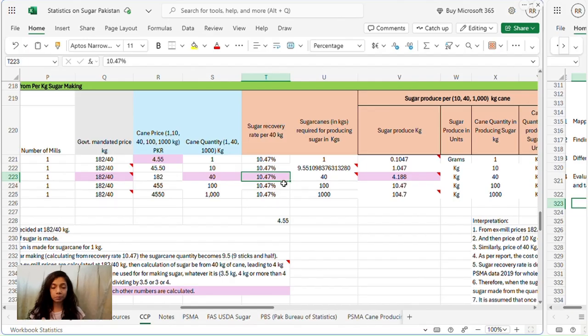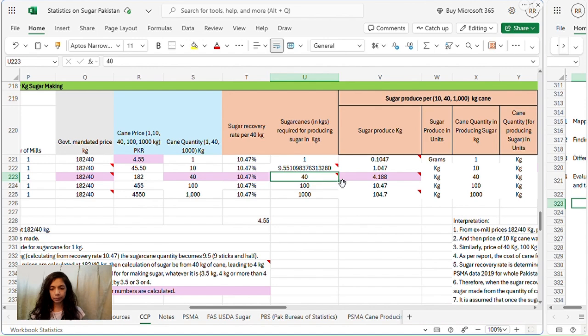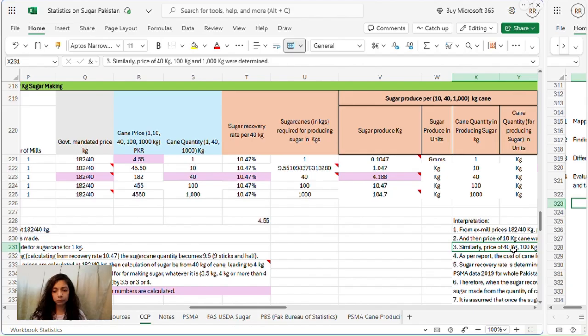So for that one particular mill, the sugar recovery rate was 10.47 kgs. Now in that, this is the sugarcane required in producing. Now why this number is not 10 and 9.55, I'll explain. We will discuss in the next video when we do the interpretation.